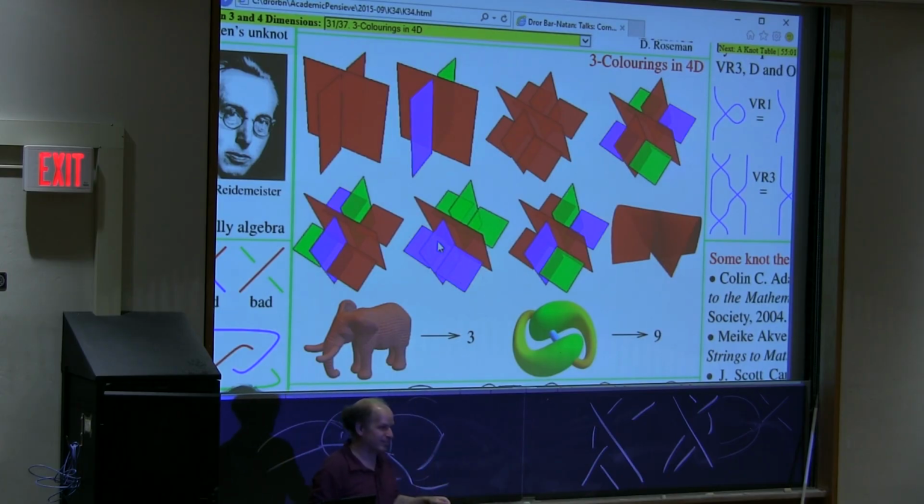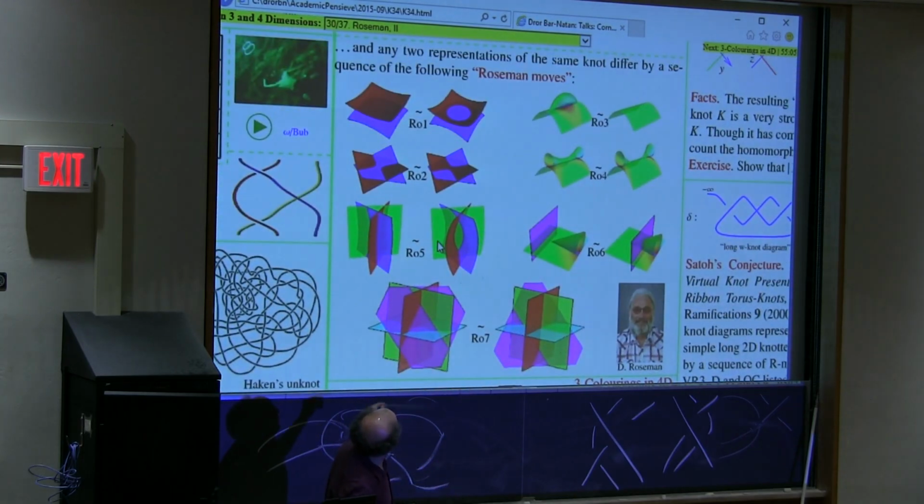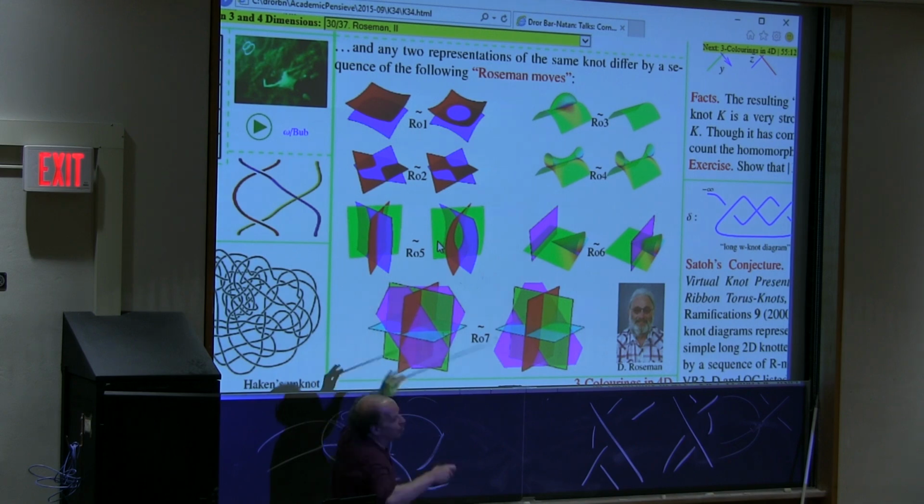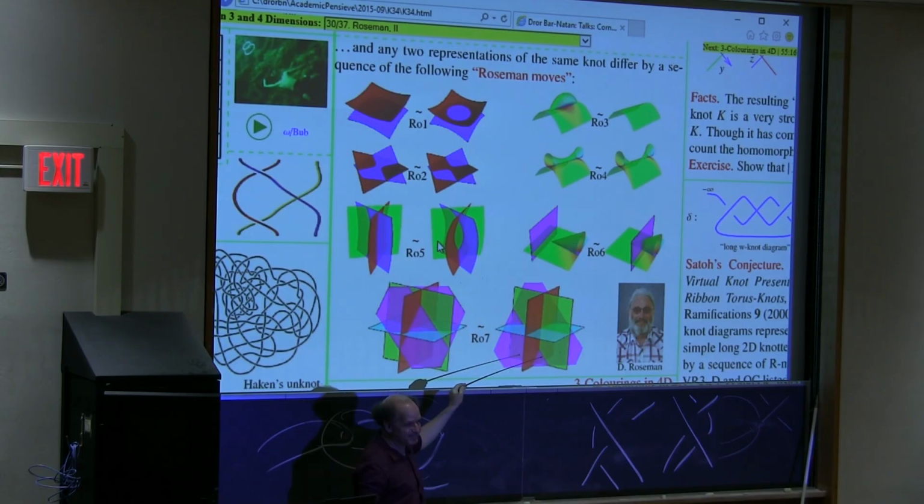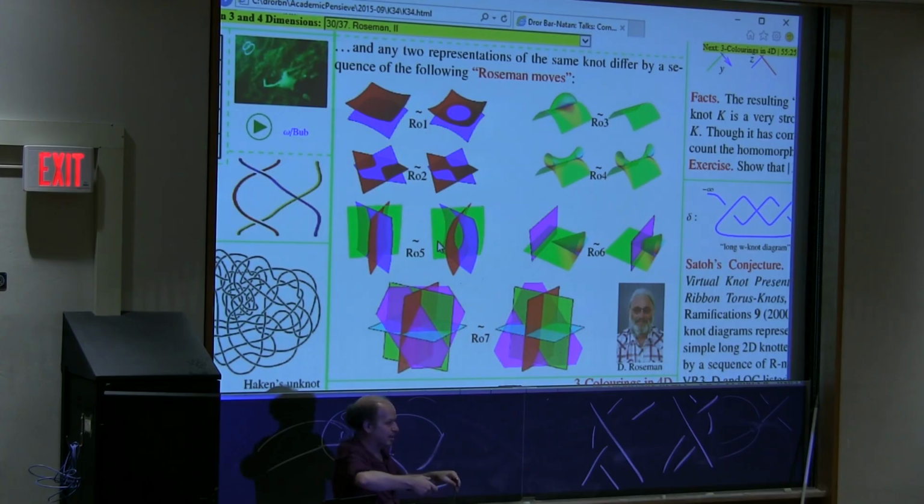Then comes the hard part. The hard part is to show that if you go through this list of Rosman moves, then the coloring on the boundary determines the colors inside, and the number of ways the outside can be continued to the inside is the same on the left and on the right of each Rosman move.